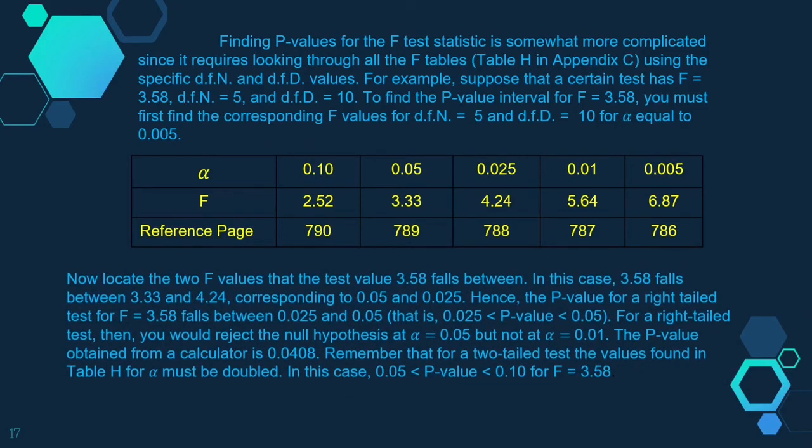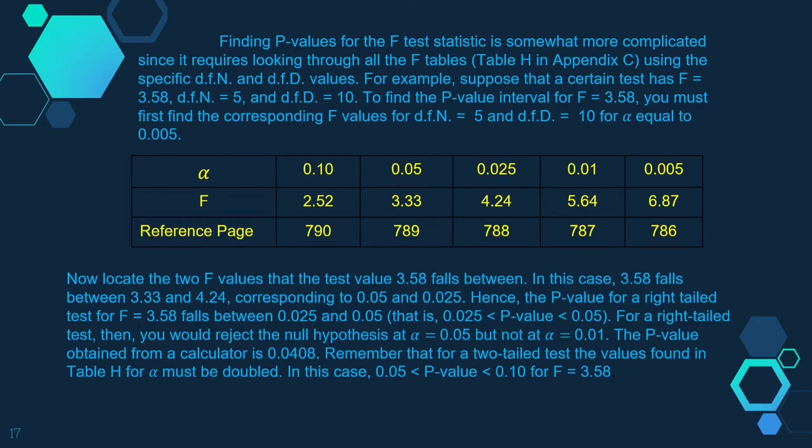Now, locate the two F values that the test value 3.58 falls between. In this case, 3.58 falls between 3.33 and 4.24, corresponding to 0.05 and 0.025.